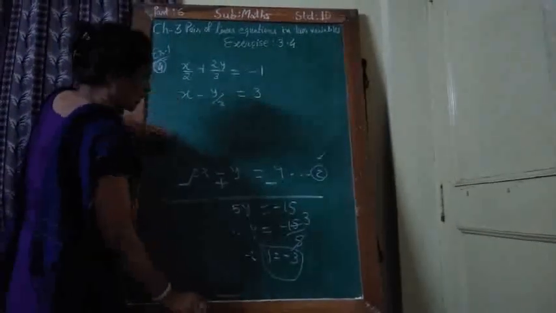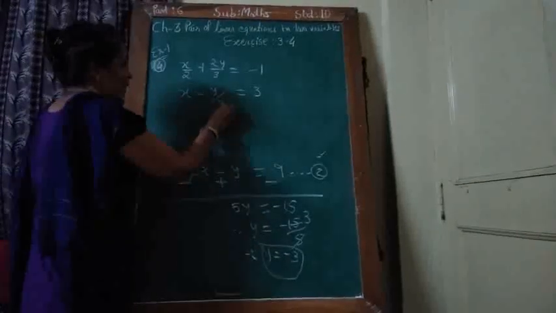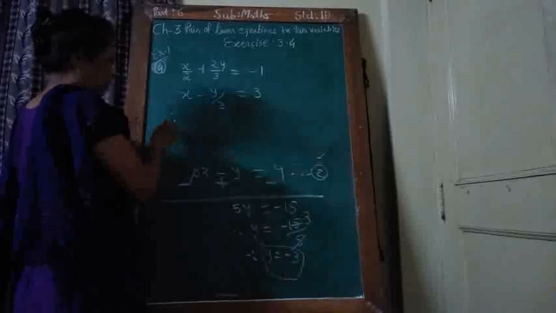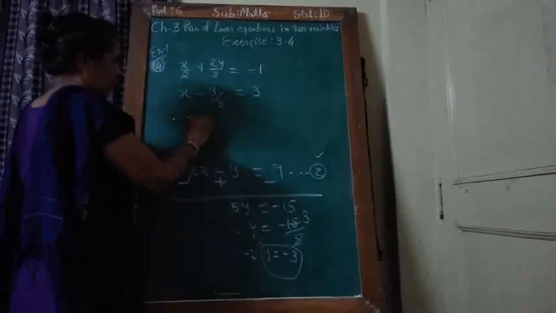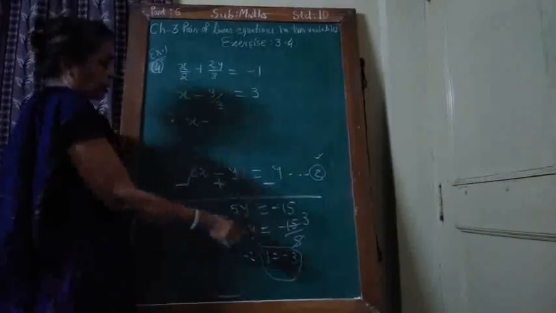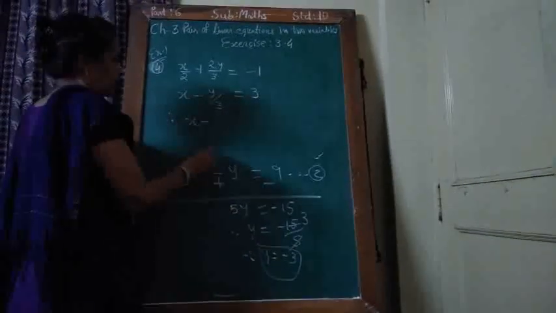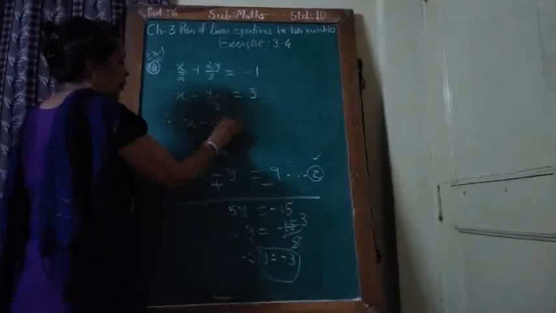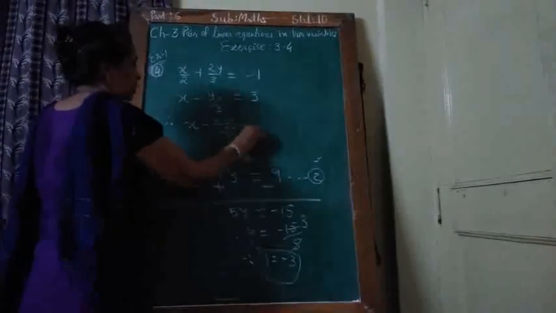because from this we obtain this. Okay, so there is no difficulty. So x minus, you have to write down substituting this in the second equation. So x minus, what is the value of y? Minus 3 upon 3 equal to 3.